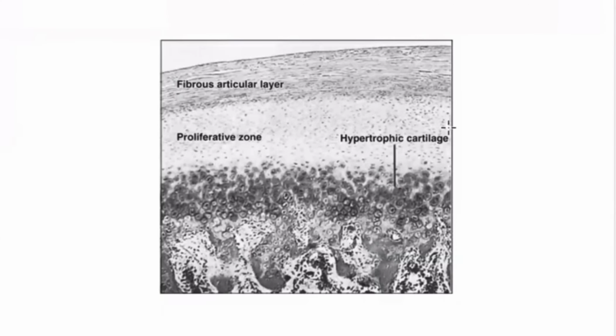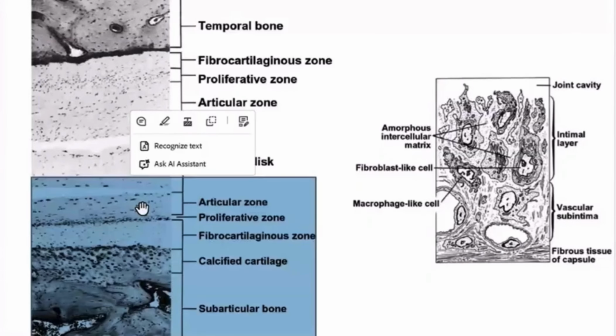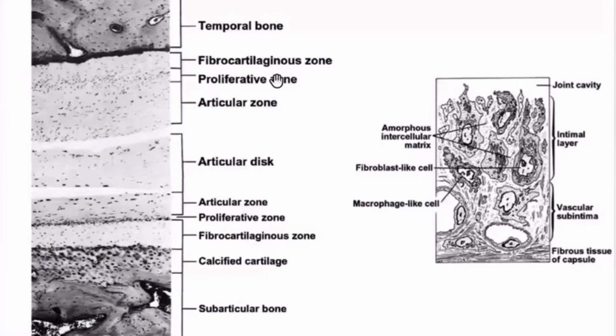The collagen fibers, either in the fibrous layer or the uppermost fibrous layer, which is called the articular zone, either in the lower or the upper articular zones, are aligned as parallel and non-parallel collagen fibers to withstand the forces.